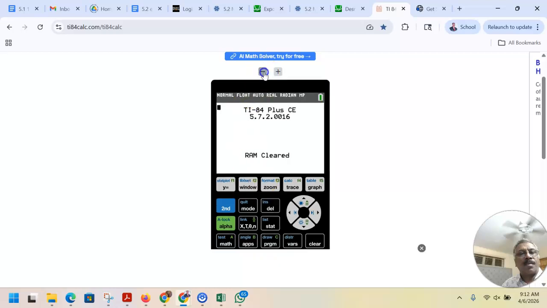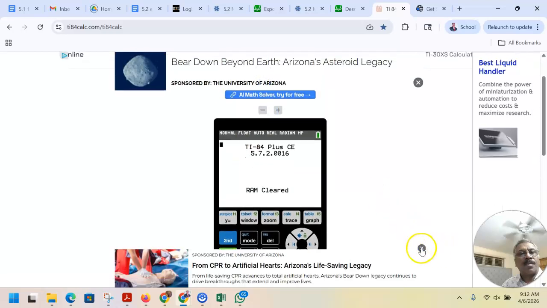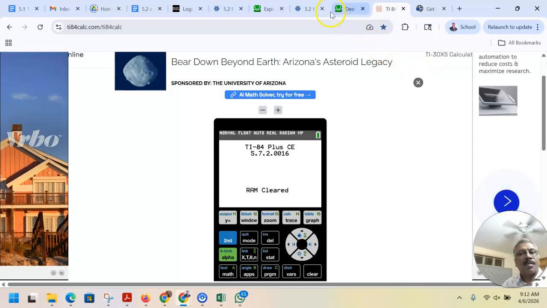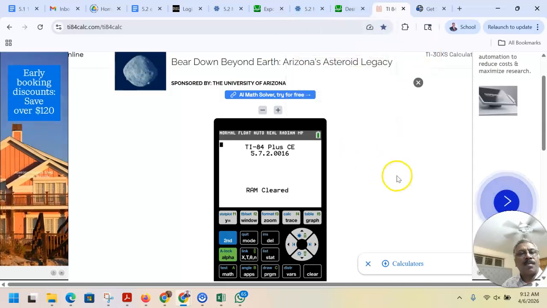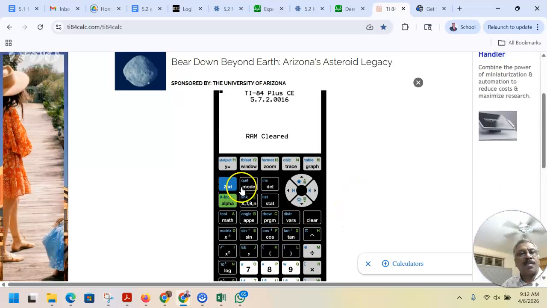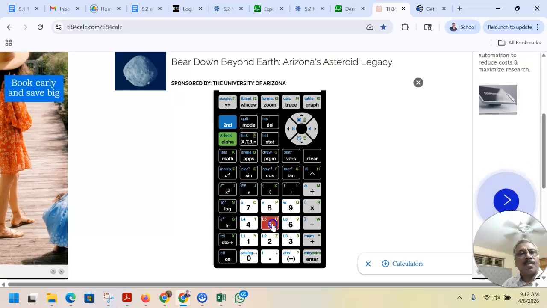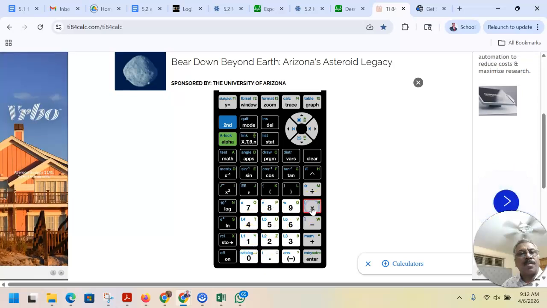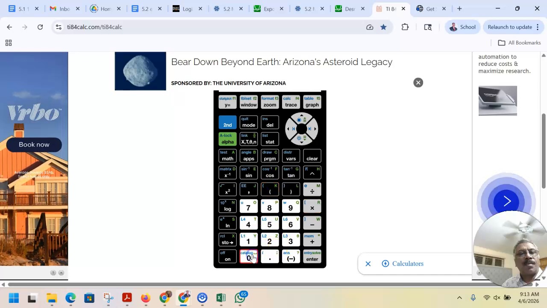So we need 548.1 multiplied by open parenthesis 1.005838.